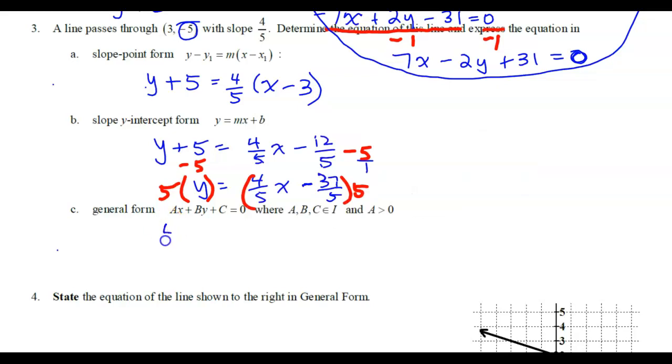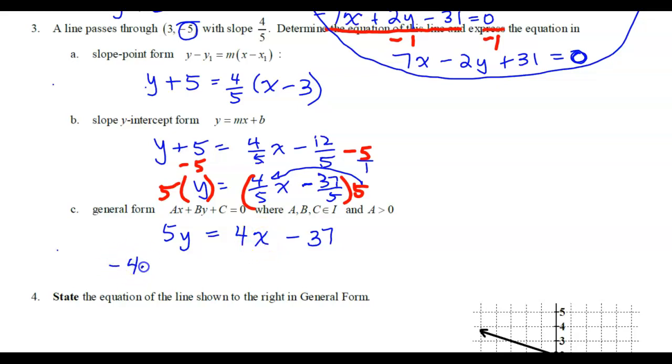Okay, so then we'd have 5y equals, so the 5 will get rid of the denominator, so 4x minus 37. Now what you could do is get everything to the right, x would be positive, but then show it with everything on the left, or bring it to the left.